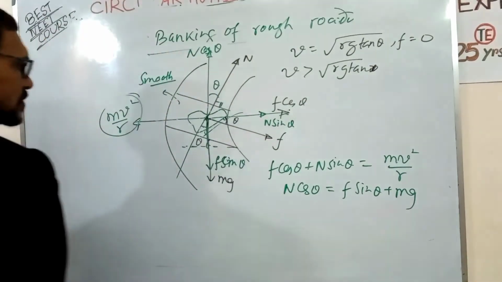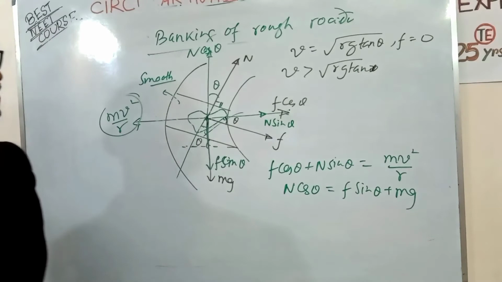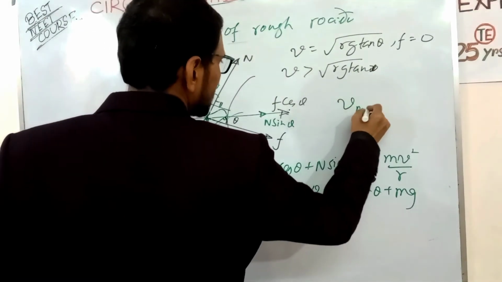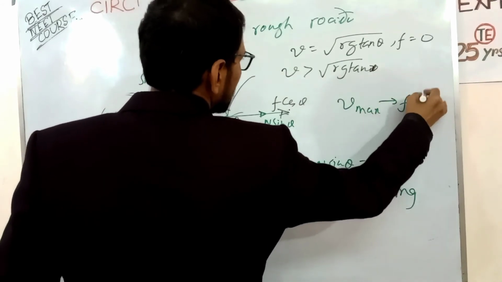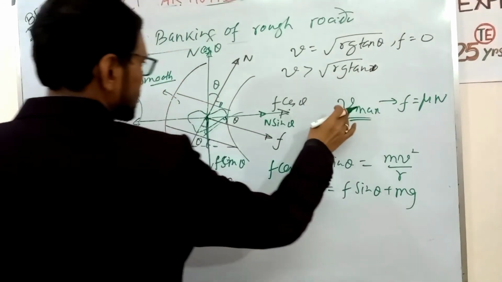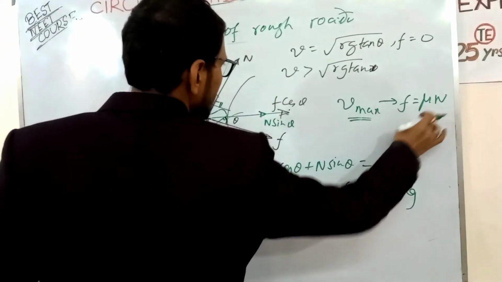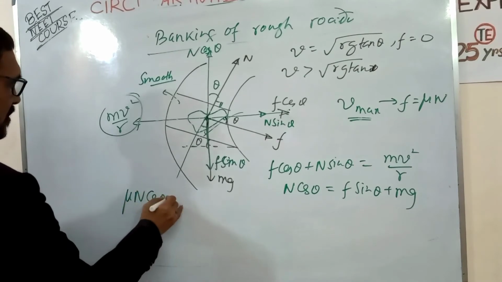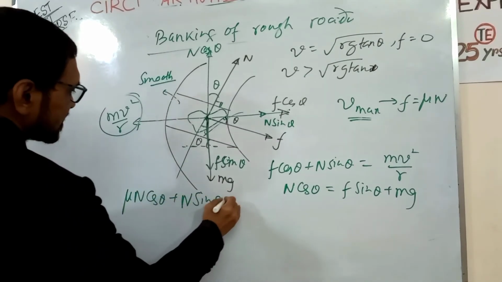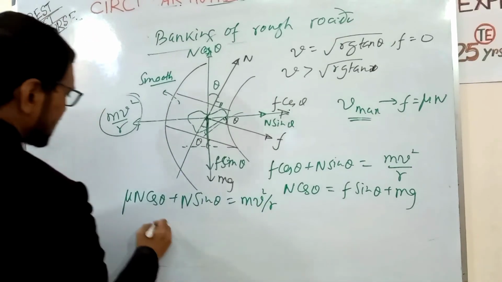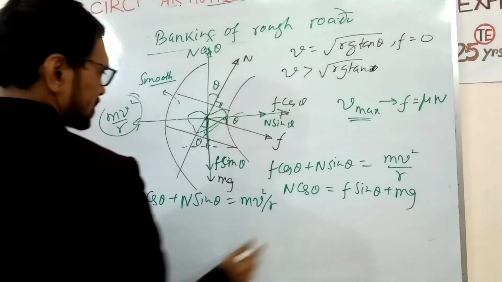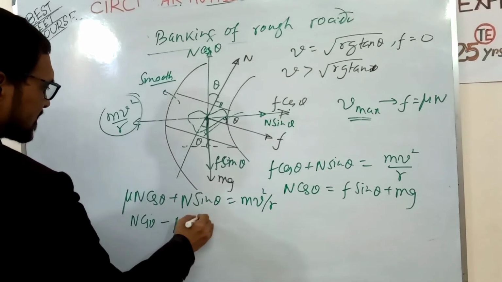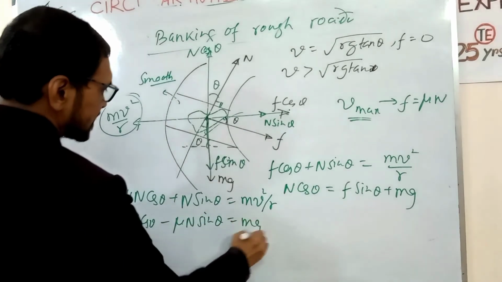Now if you are asked to find the maximum speed, v maximum, we can use friction equal to mu into N. So f equals mu N. Putting it here, mu N cos theta plus N sin theta equals mv square by r, and N cos theta minus mu N sin theta equals mg.